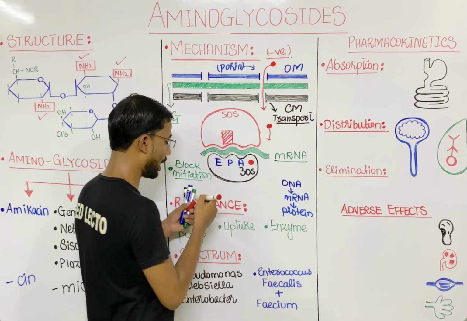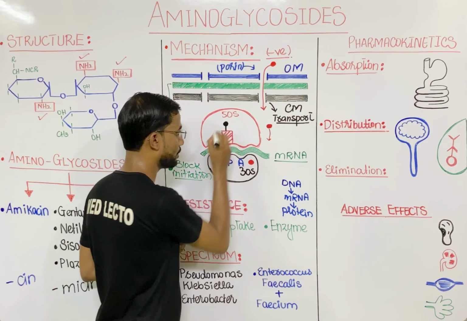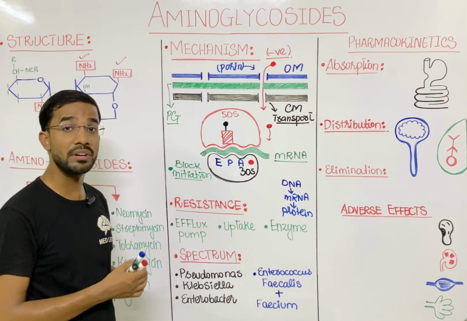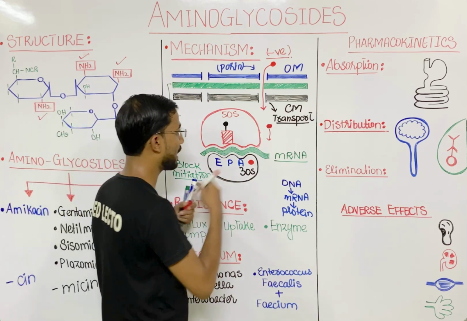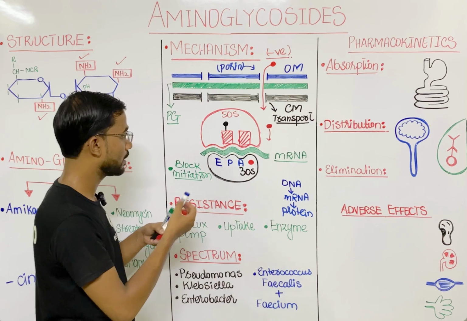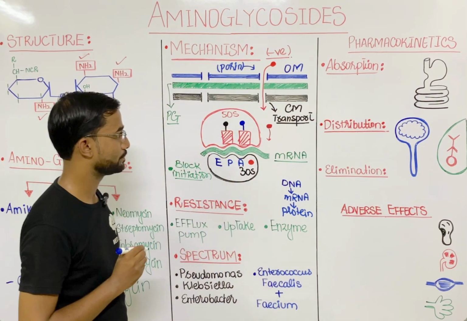Here is the transfer RNA having the amino acid. Okay. Now, the second transfer RNA having amino acid will attach at the A site. If I write it here, here is the second transfer RNA having the different amino acid. Here is the amino acid.